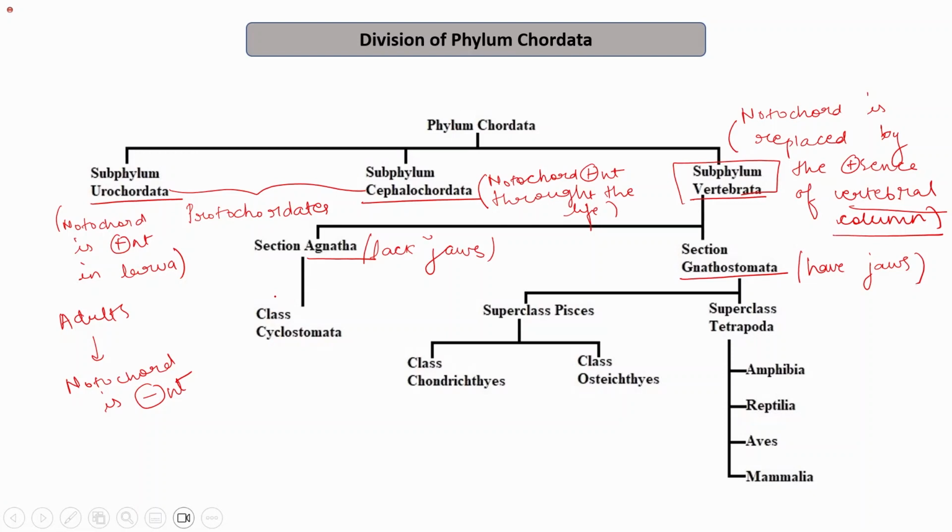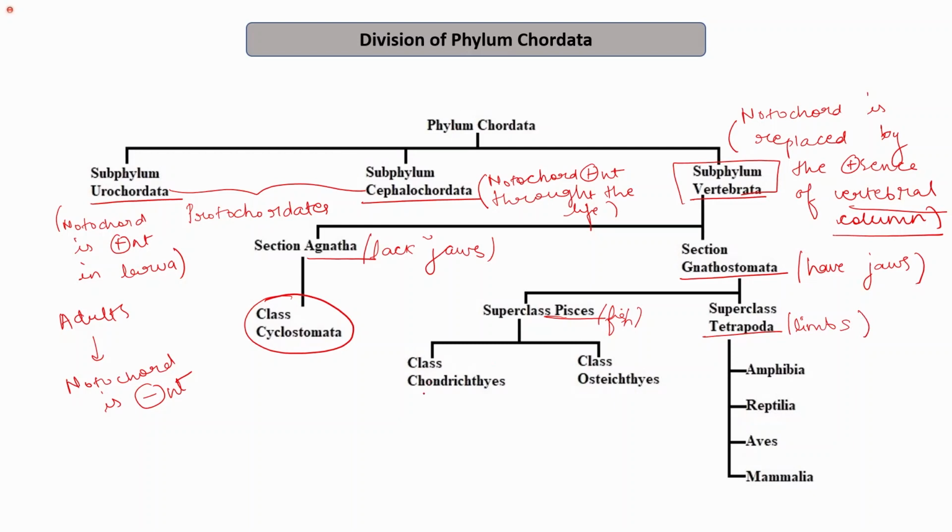Section Agnatha lacks jaws and consists of the class Cyclostomata. Section Gnathostomata is further subdivided into two superclasses. The first is the superclass Pisces that includes the fish, and the second is the superclass Tetrapoda that have limbs.